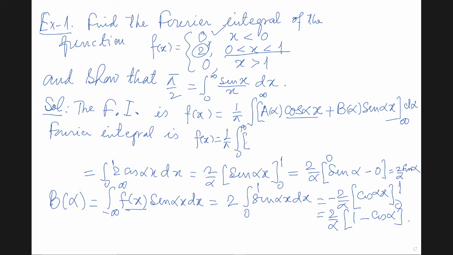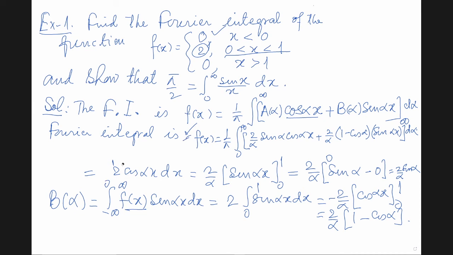What is that? 2 over alpha sine alpha cosine alpha x plus B alpha is... so this finished the Fourier integral.